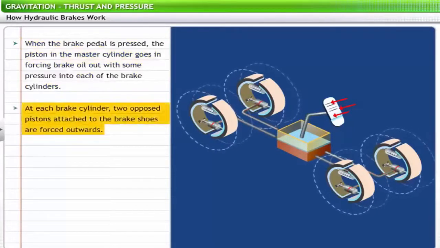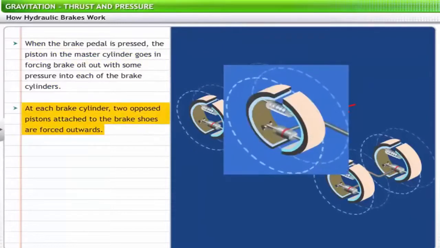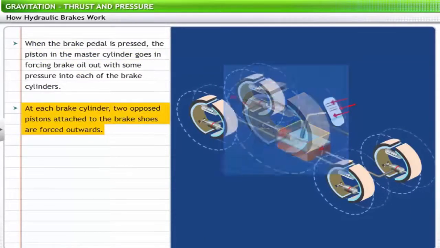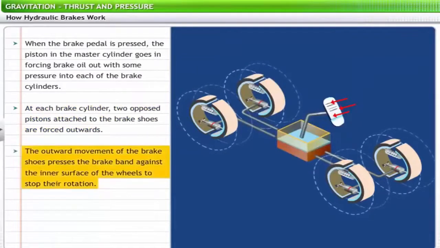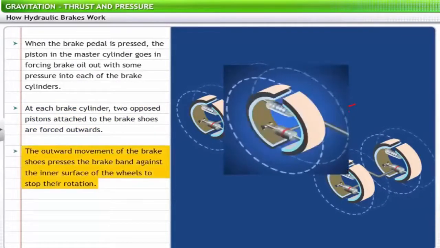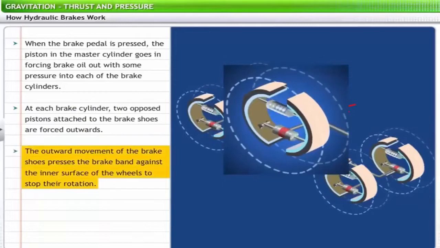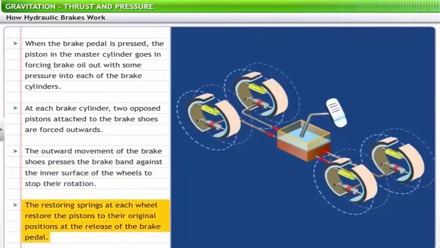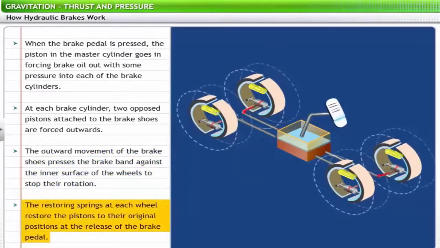At each brake cylinder, 2 opposed pistons attached to brake shoes are forced outwards. The outward movement of brake shoes presses the brake bands against the inner surfaces of the wheels to stop their rotation. When the brake pedal is released, the restoring springs at each wheel restore the pistons to their original positions.